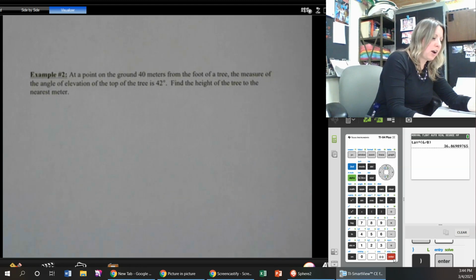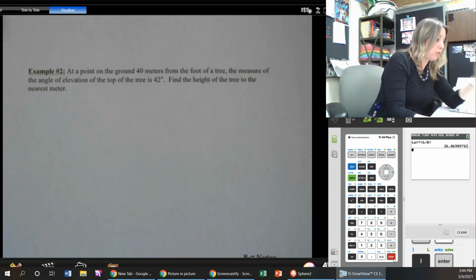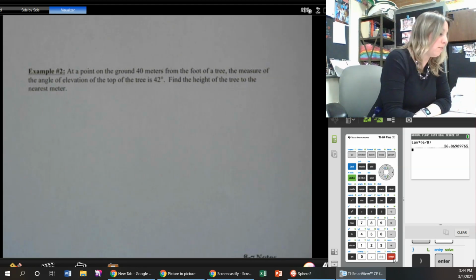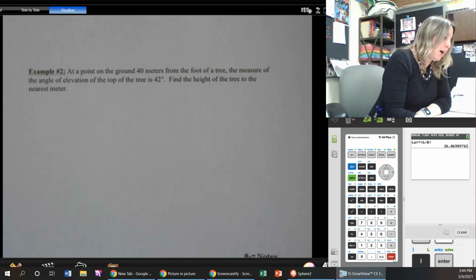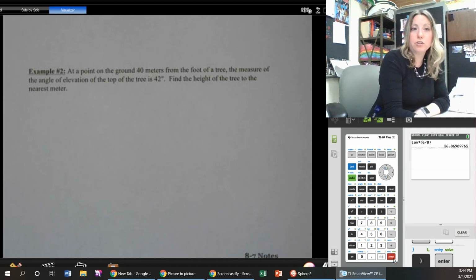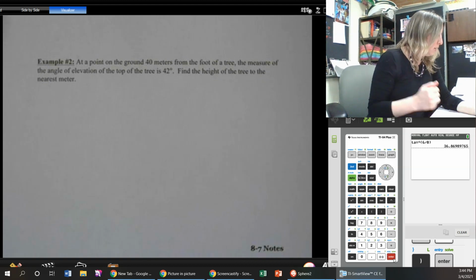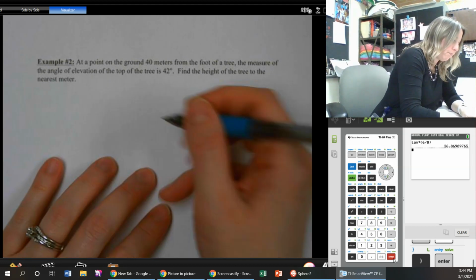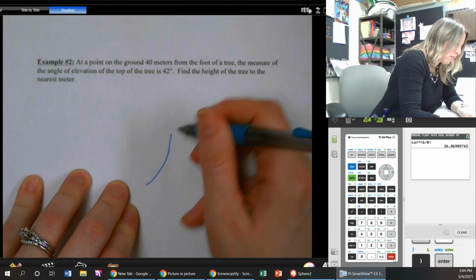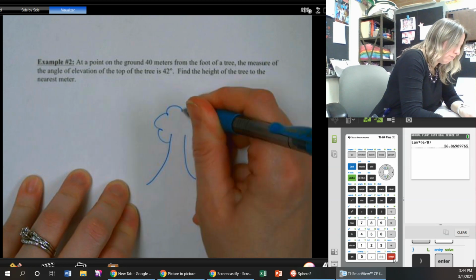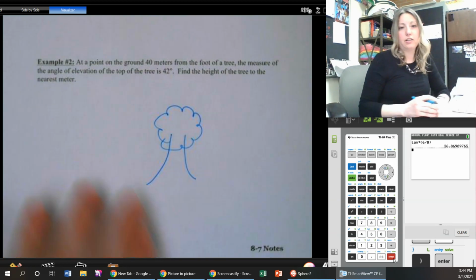At a point on the ground 40 meters from the foot of a tree, the measure of the angle of elevation of the top of the tree is 42 degrees. Find the height of the tree to the nearest meter. Again, must not be in the United States. Again, we're using meters, right? So, okay. Classic tree.